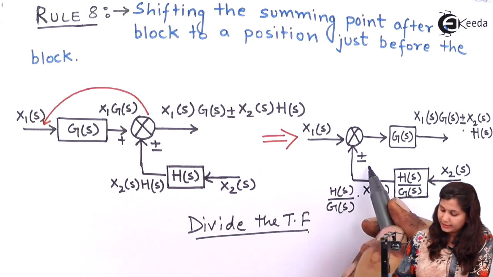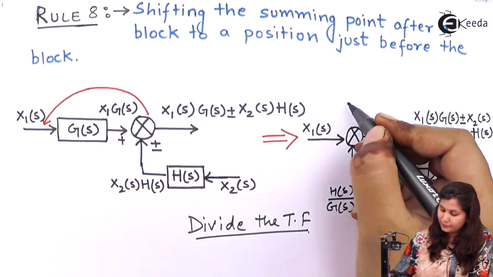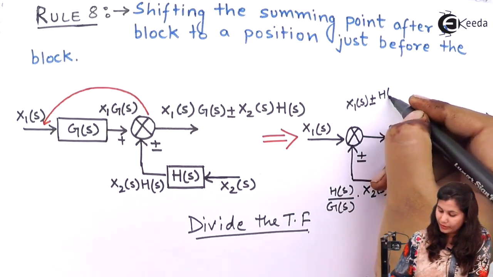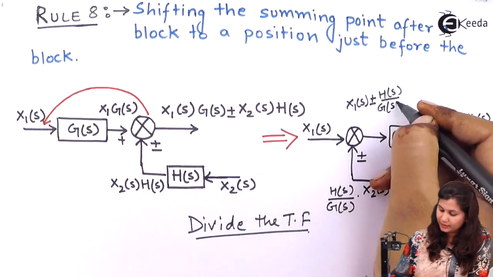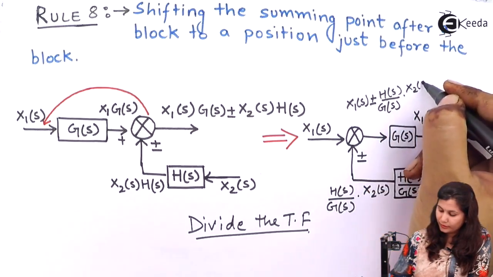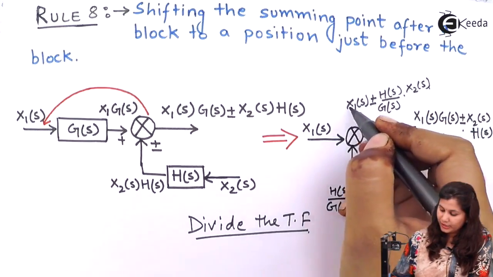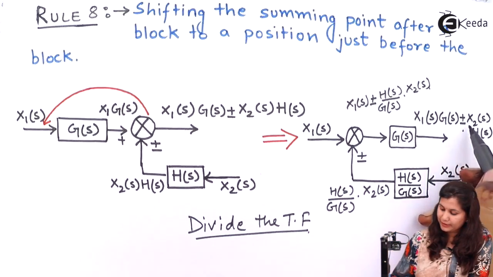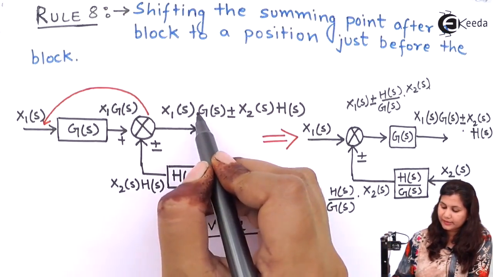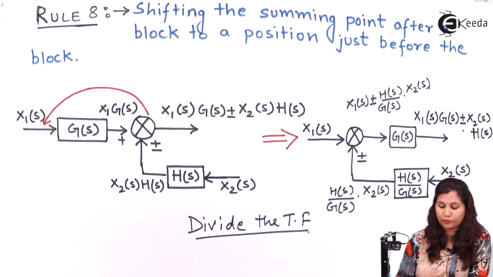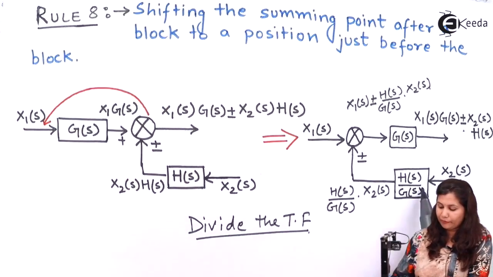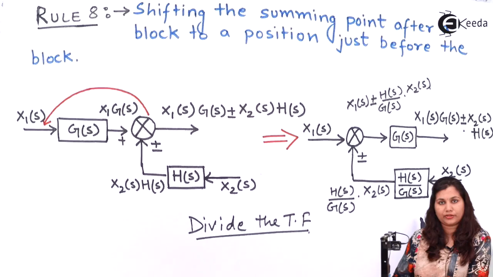Now these two signals are added up, so we get X1(s) plus minus H(s) by G(s) into X2(s). Just cross multiply it, and we will get X1(s) G(s) plus minus X2(s) H(s). So the output remains the same. There is no effect on the output. So if you are shifting the summing point before a block, then you have to divide the transfer function.